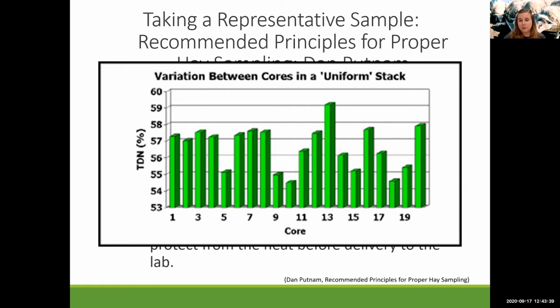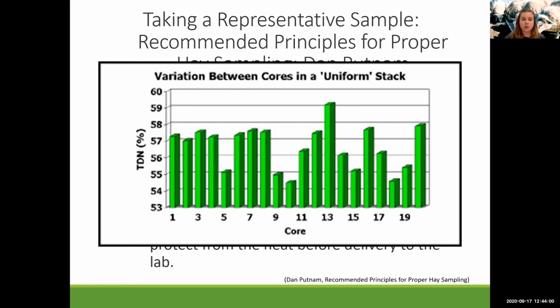Why do I need to sample 20 cores? So the number that I usually hear when I speak with producers is, well, I did take multiple cores, I took about 5. Okay, 5 is not enough. So here, this again comes from foragetesting.org, from that great article written by Dan Putnam.